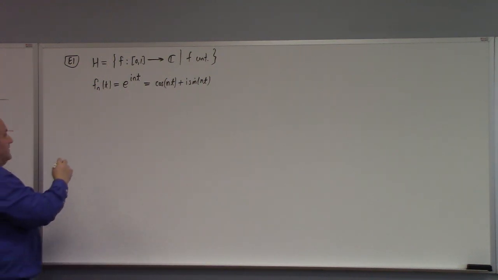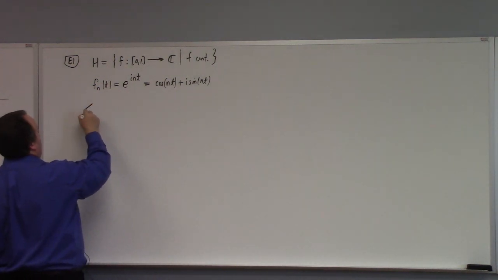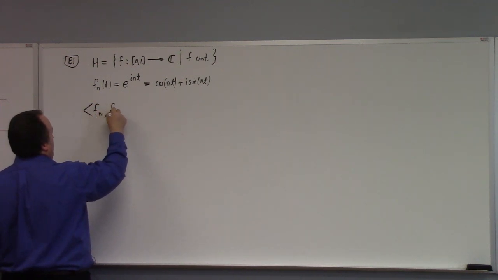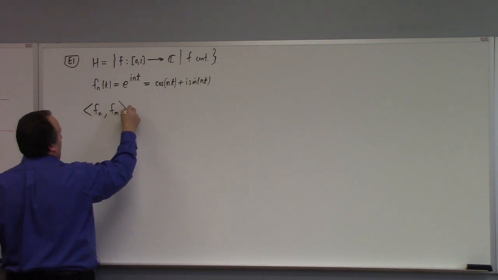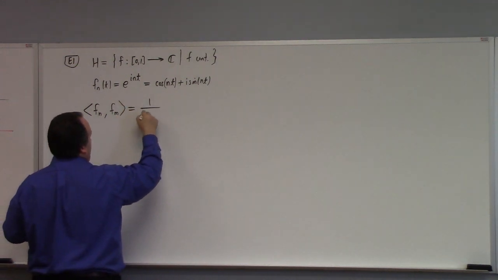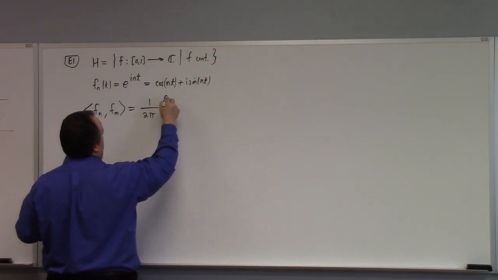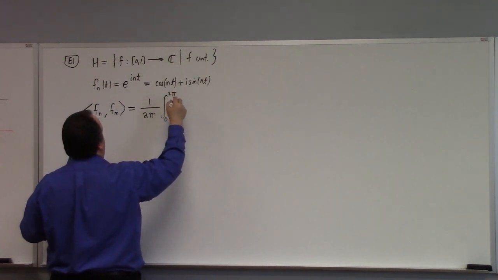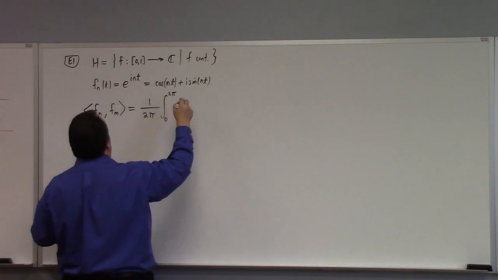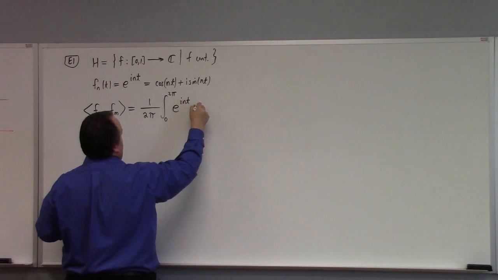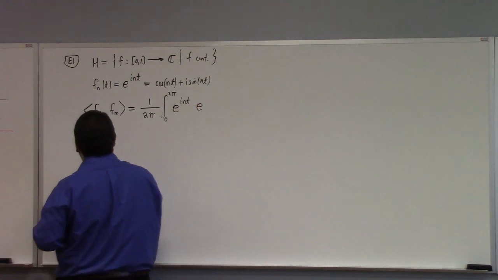And so we can calculate the inner product of, say, Fn and Fm, and that is by definition 1 over 2 pi, the integral from 0 to 2 pi of e to the int times, what was the rule?